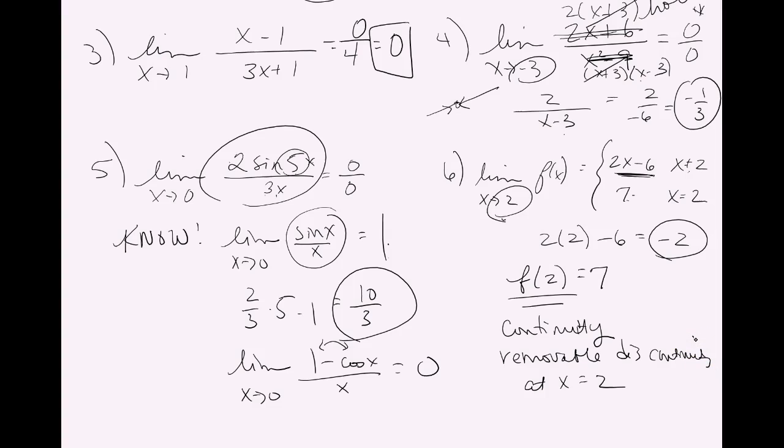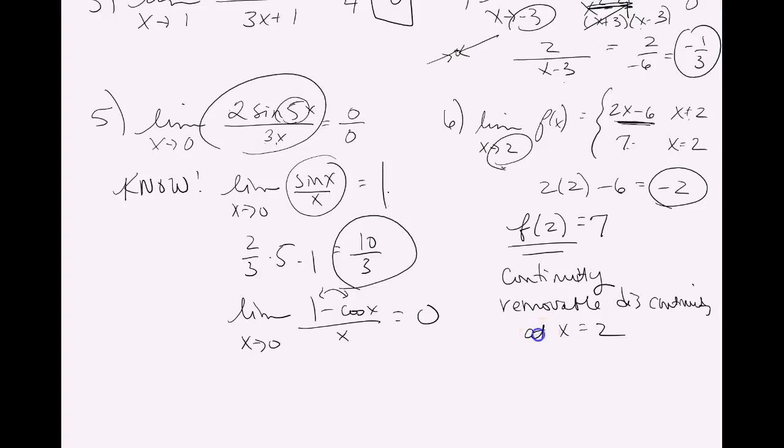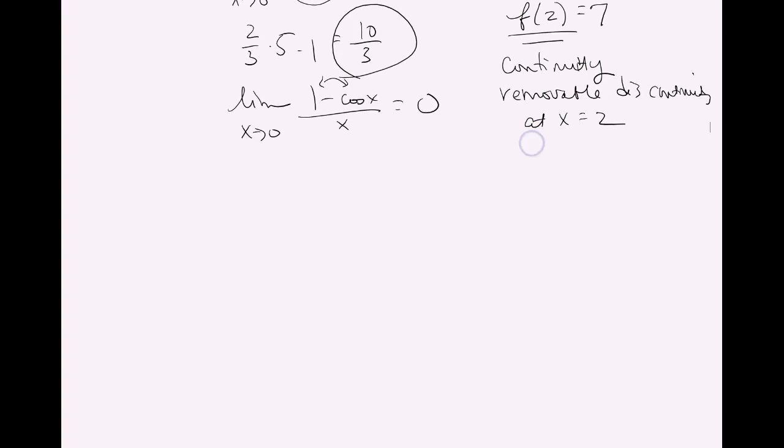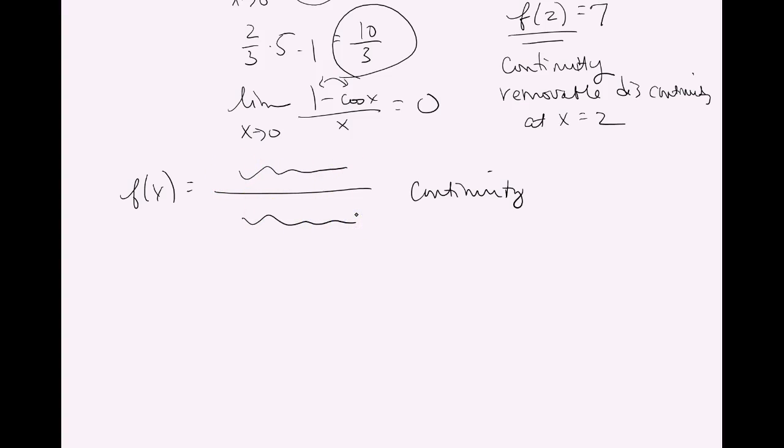Let me think of other quick review type questions. If you're given an equation and you are asked to find the continuity or wherever it's discontinuous, and you have something up here and something down there, remember the idea is to factor and cancel.